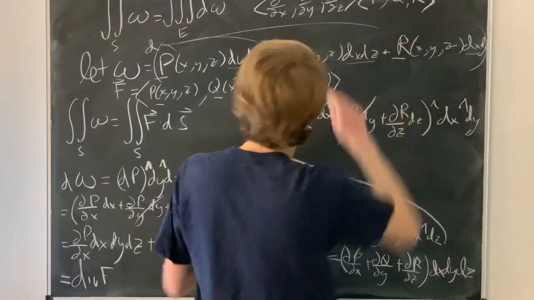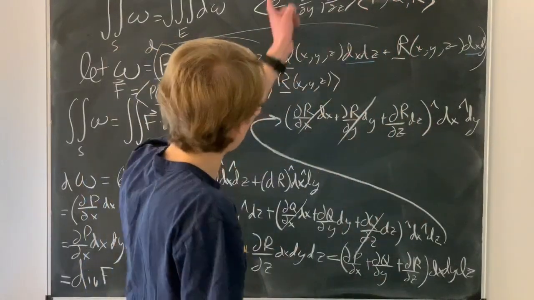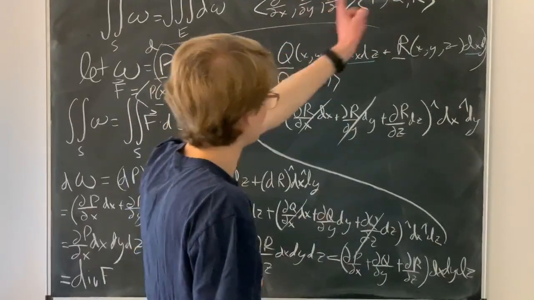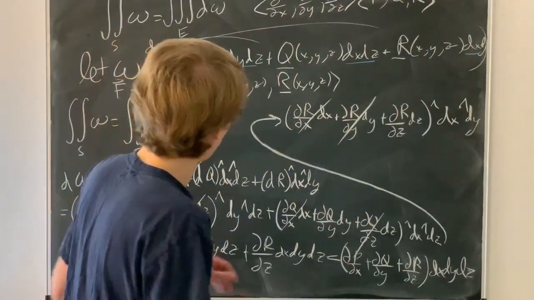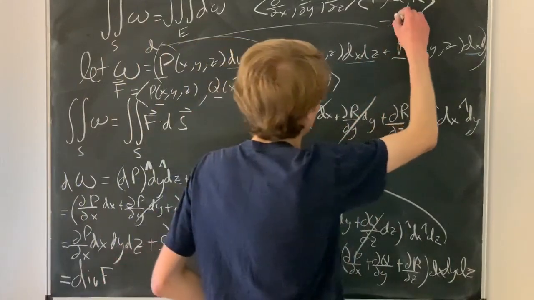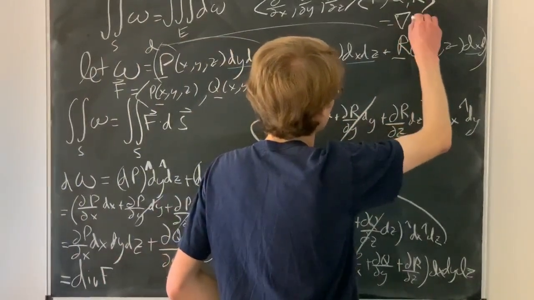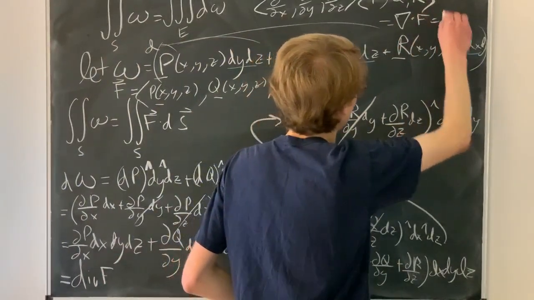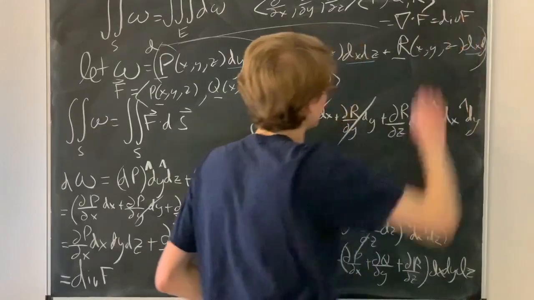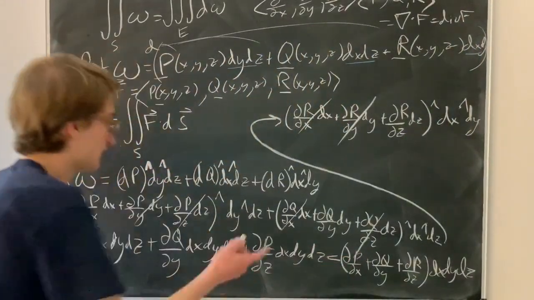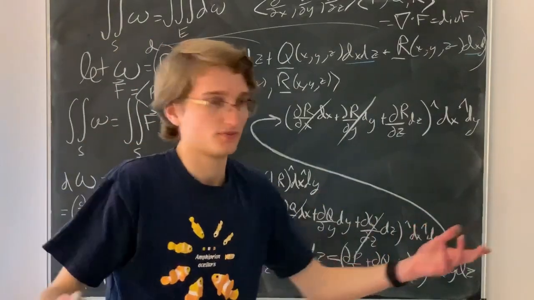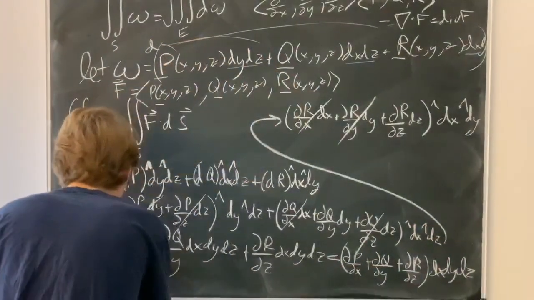And that's just going to give us del p plus del q plus del r. That's the definition of the dot product. Right, so this is the gradient dot f, which is the divergence of f. So that's what that is, the divergence of f, and then dx, dy, dz, that's just dv, right?